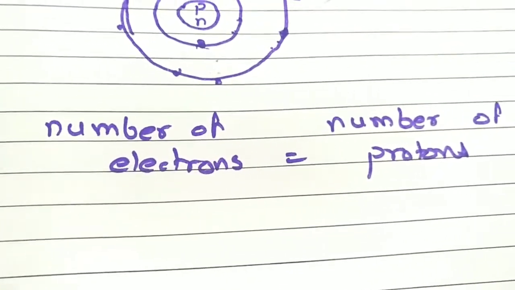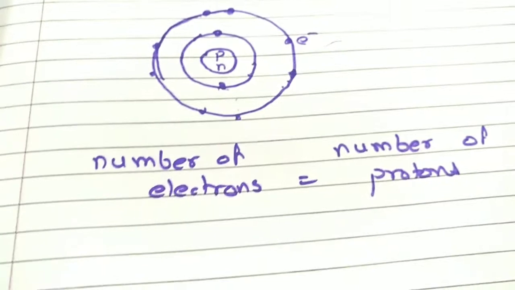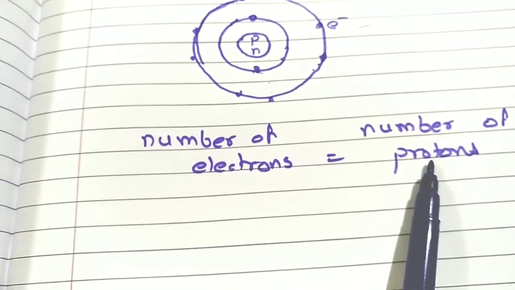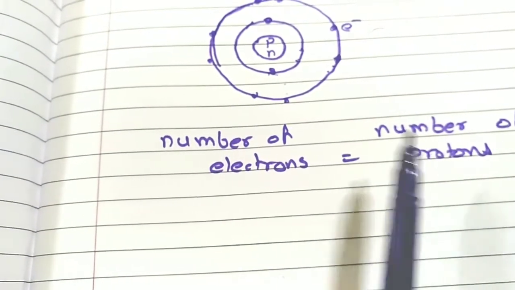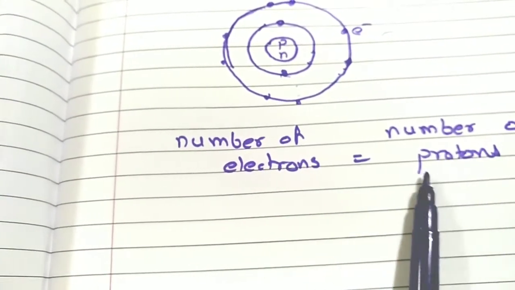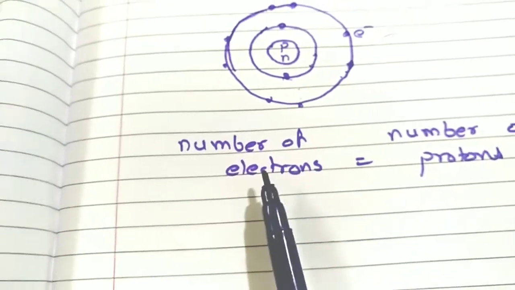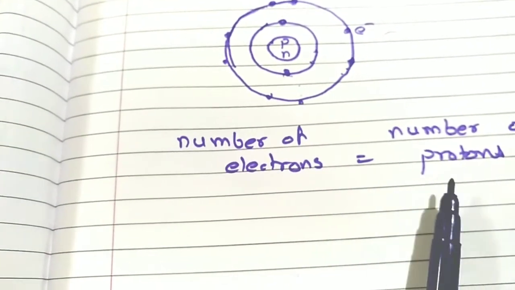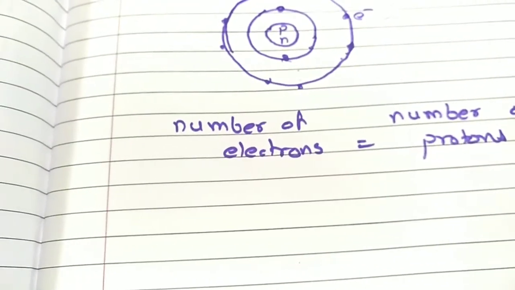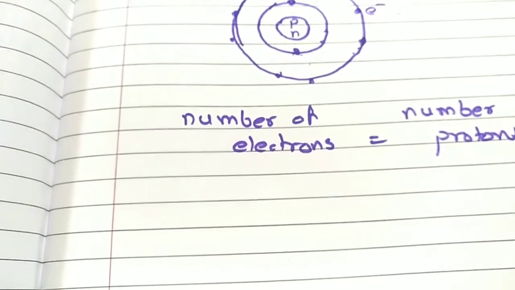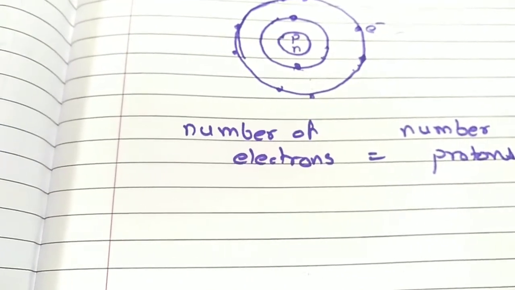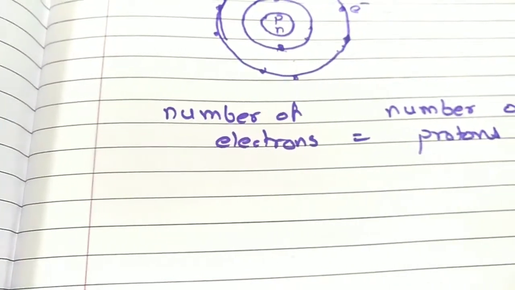Students, remember one thing: the number of electrons outside the nucleus is always equal to the number of protons present inside the nucleus. Electrons carry negative charge and protons carry positive charge. It means the number of negative charges is always equal to the number of positive charges. As both charges are equal in magnitude, they are balanced, and that's why the atom is electrically neutral.